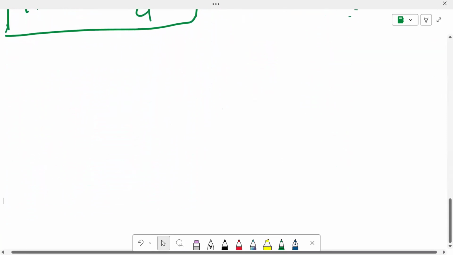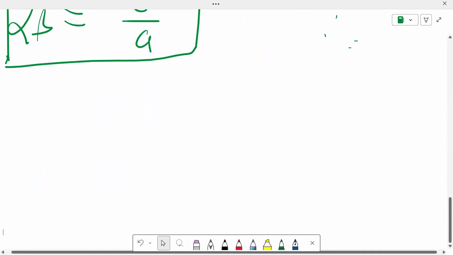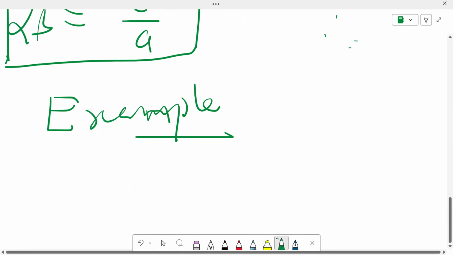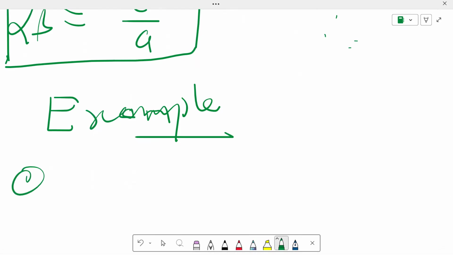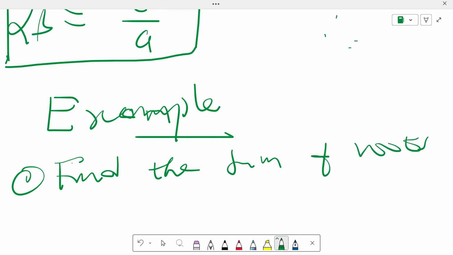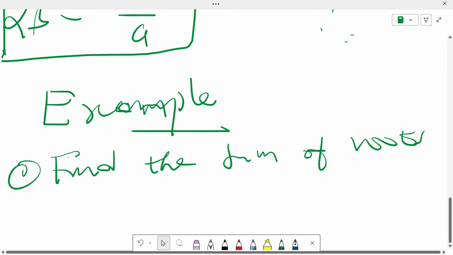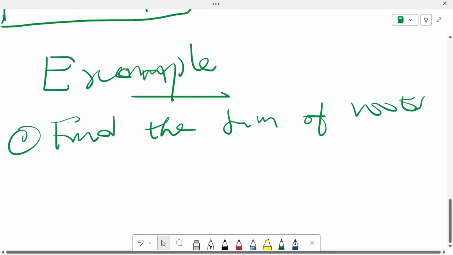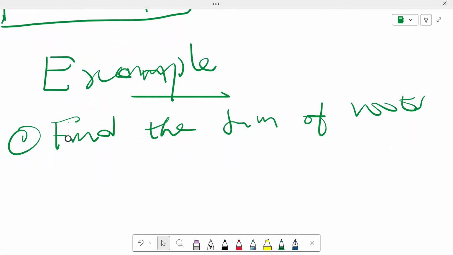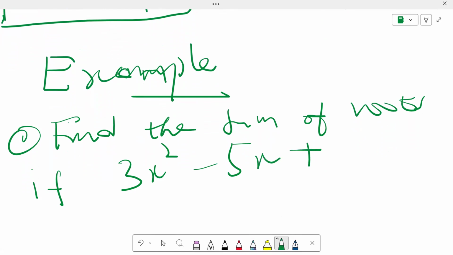So we want to look at an example. Example 1.